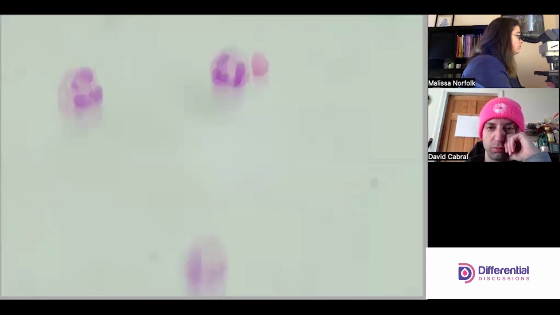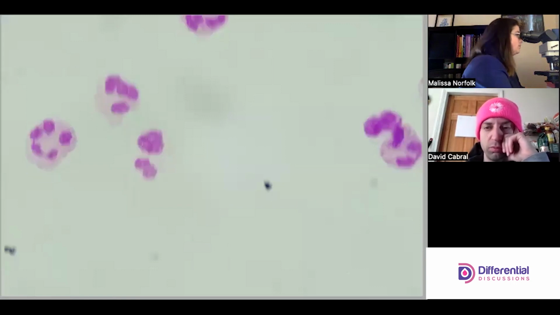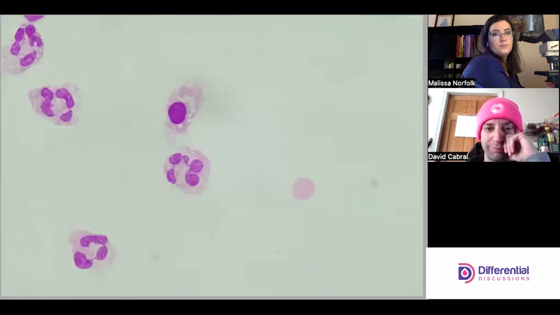Junk, junk, junk. More nice looking neutrophils. It's a pyknotic one with the uninucleus there.